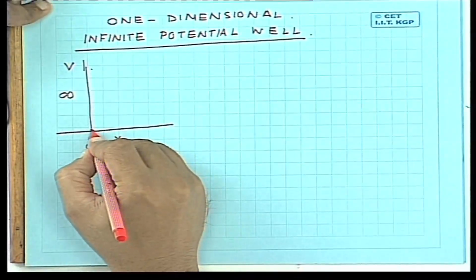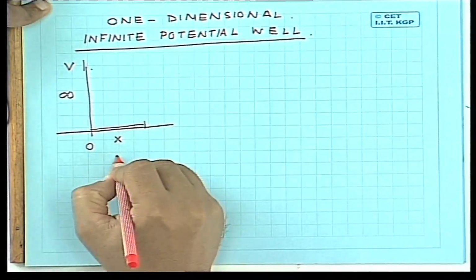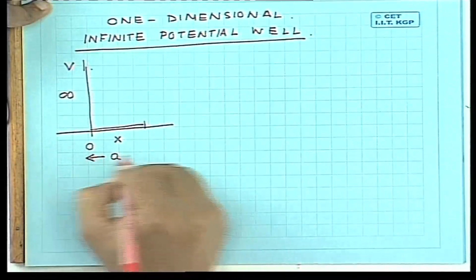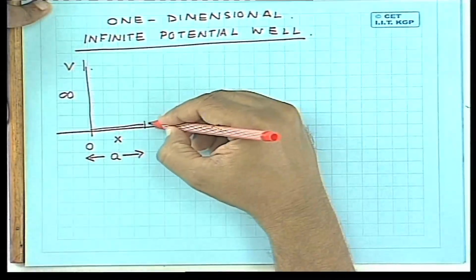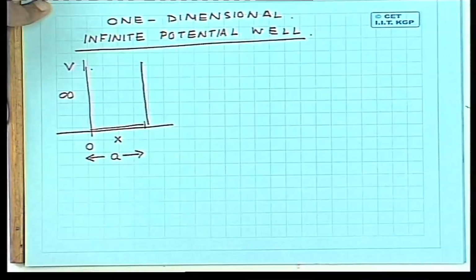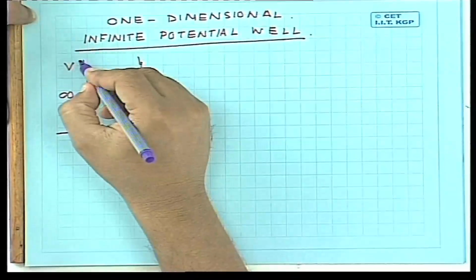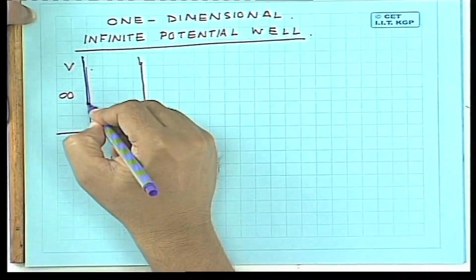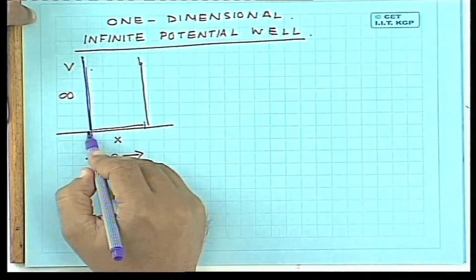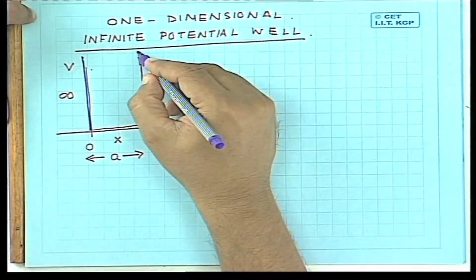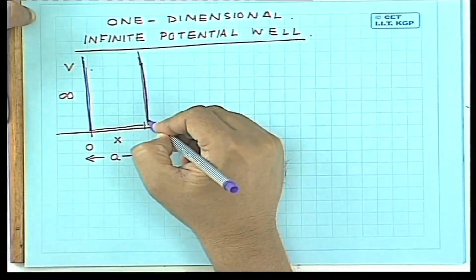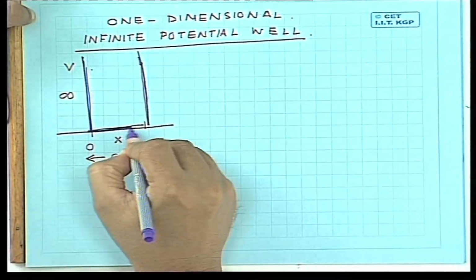The potential is 0 for some distance a, and then again it is infinite over here. So the potential suddenly jumps up to infinity at x equal to 0 and x equal to a, and the potential has the value 0 in between.